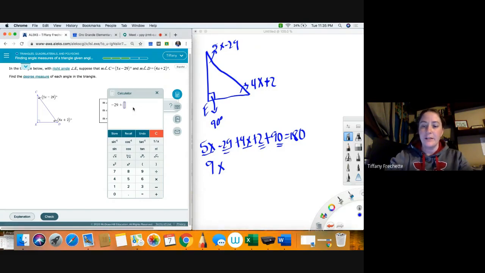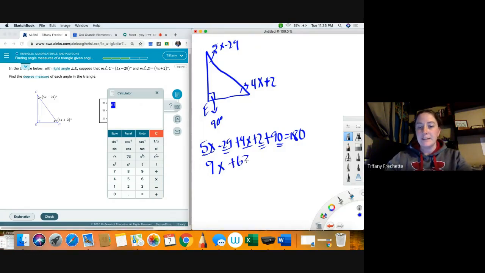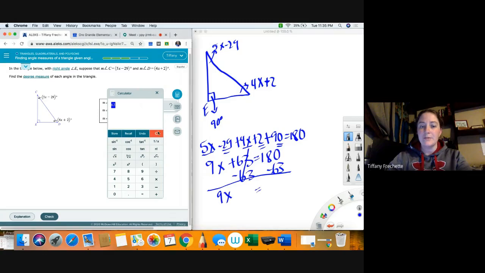So we have negative 29 plus 2 plus 90, and we get plus 63 equals 180. So we want to start solving for that x. We're going to undo the addition by subtracting. We bring down 9x, 63 minus 63 is 0, equals. So now we just want to make sure we do our subtraction here.